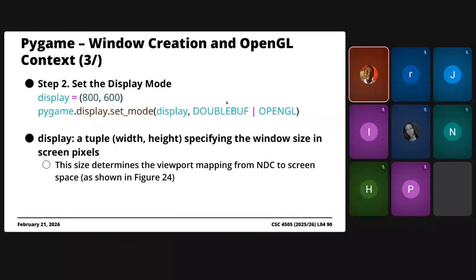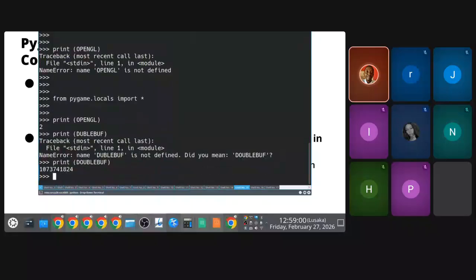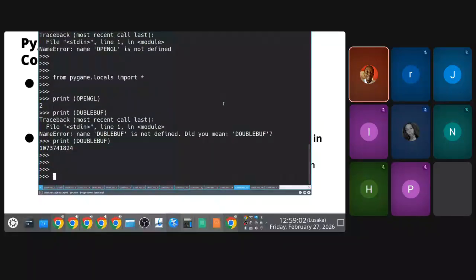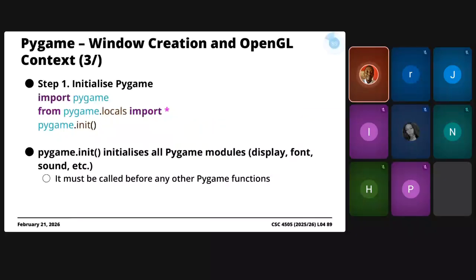Let me just check. Oh, here, DOUBLEBUF. In case you'll be scratching your head trying to figure out where these things are coming from, I'll share the code. They come from this second statement, from pygame.locals import asterisk.